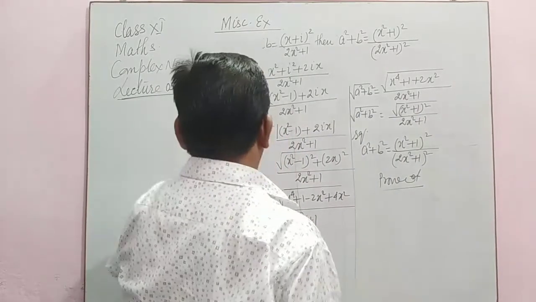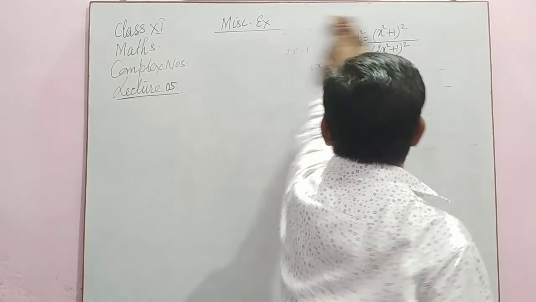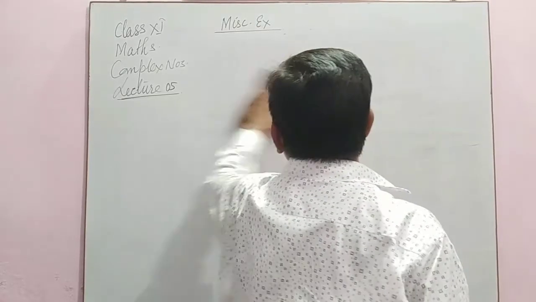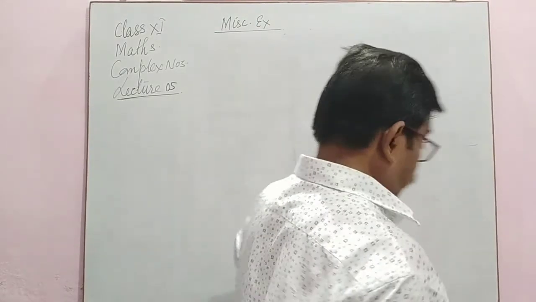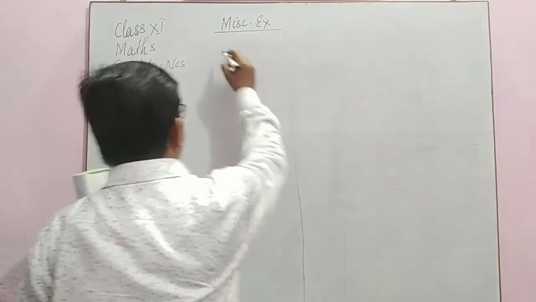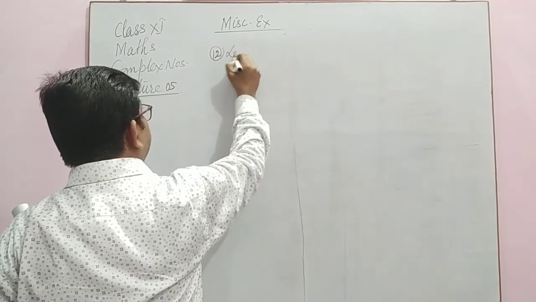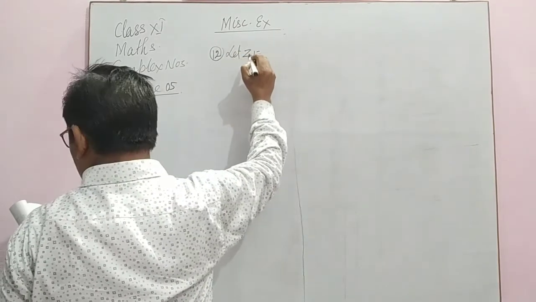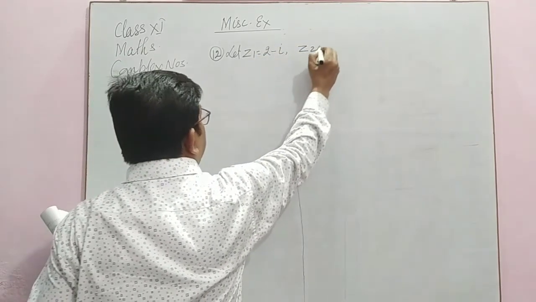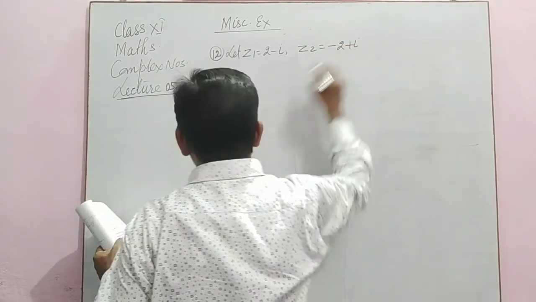See, the 12th question is given. Let z1 equal 2 − i, z2 equal −2 + i.